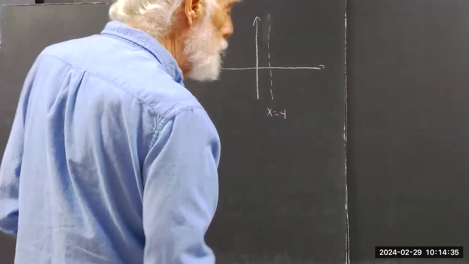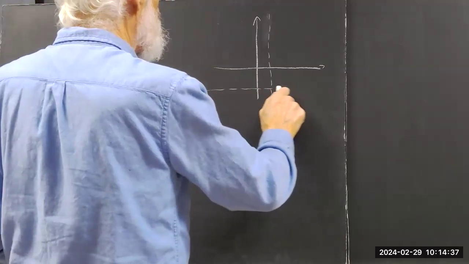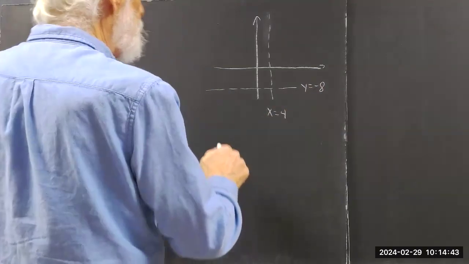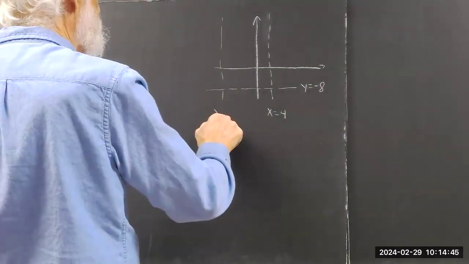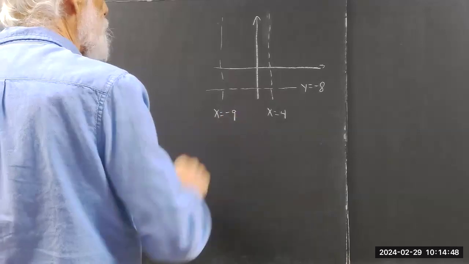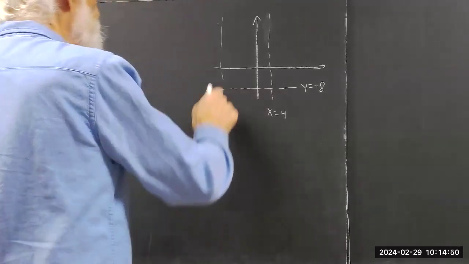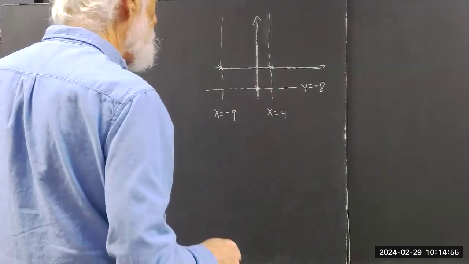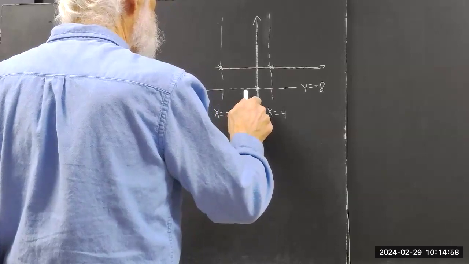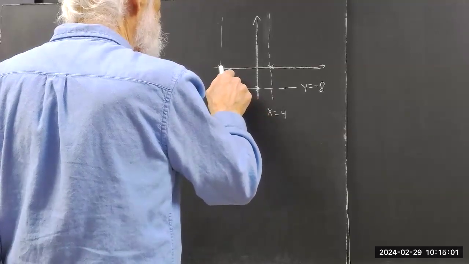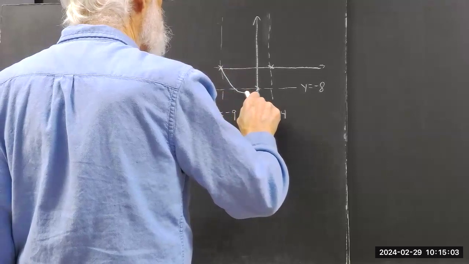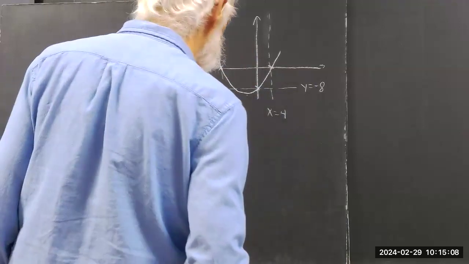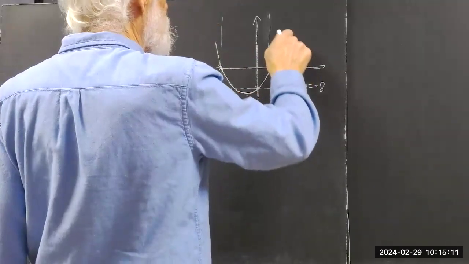Using x equals 4 here. y equals -8 here. And x equals -9 over here. So we have intercepts here, here, and here. And then the graph looks something like this. So here is the graph of f of x.